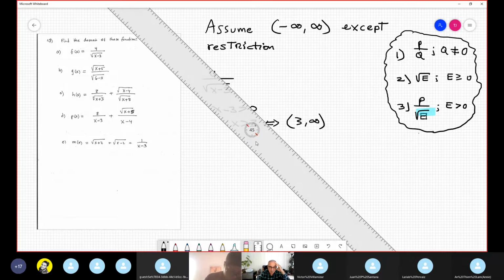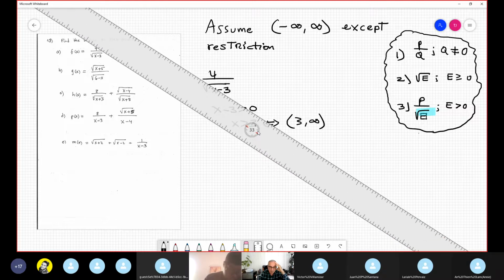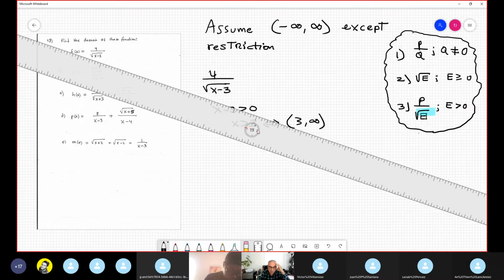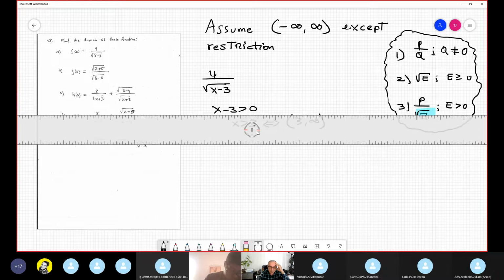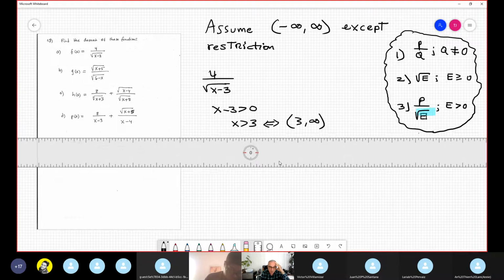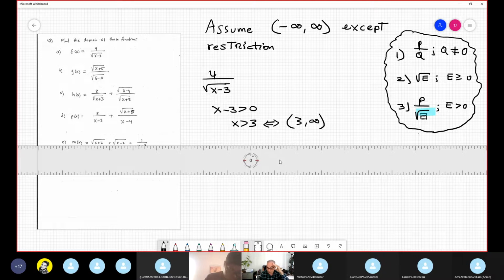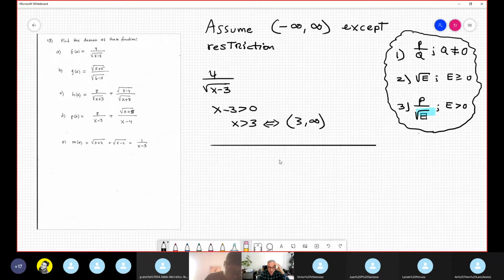Okay, you have some doubt? No problem. You can understand using the number line. This is negative infinity.